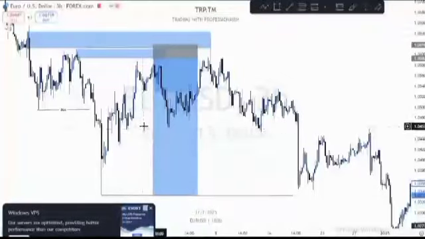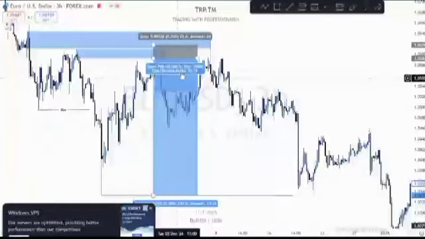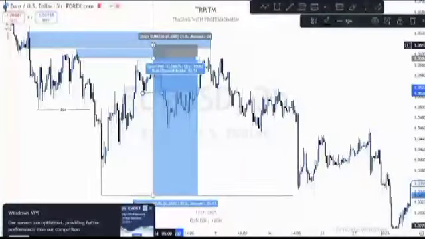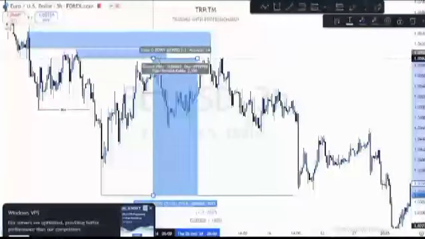At this juncture. But once I see this shift here, I would immediately move my stop loss to my entry, hereby closing all losses.